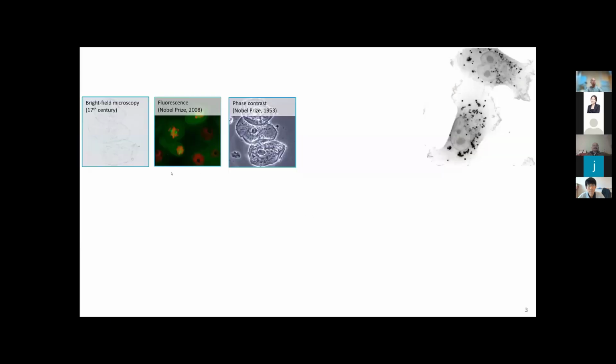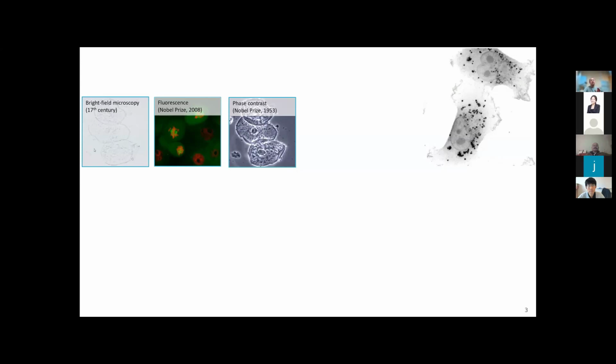And as you may know, there is a variety of microscopic imaging techniques, from bright field microscope, fluorescence, light sheet, super resolution, to phase contrast, and they all have some pros and cons. Bright field microscope is the oldest technique. It's good for imaging cells and tissues upon the stain process.